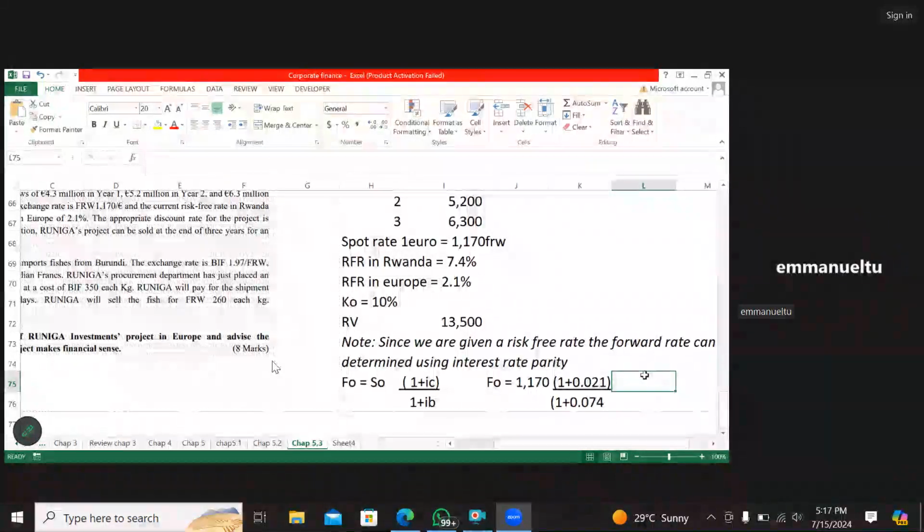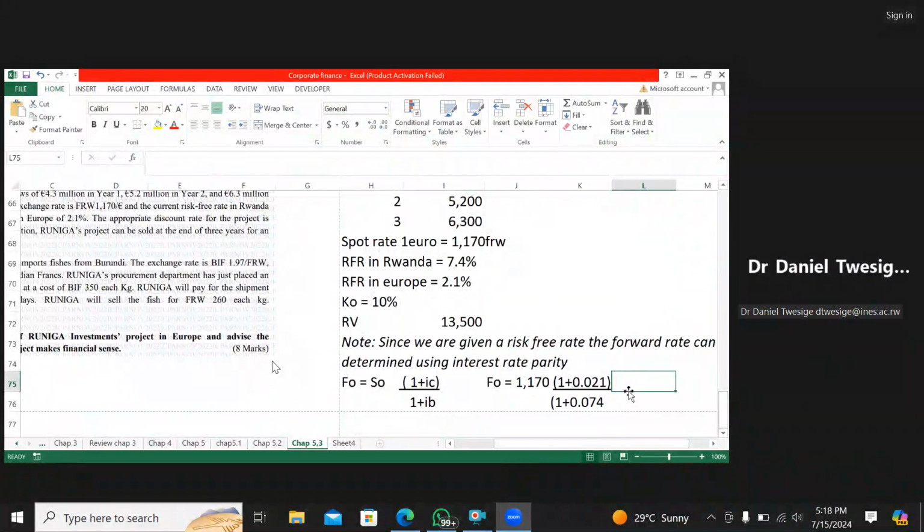Based on what we know, that's where the challenge is. We now need to put it into practice. It automatically would have been this. But if you get this, what do you get as the spot rate at the end of the year? You are getting the forward rate at the end of the year.